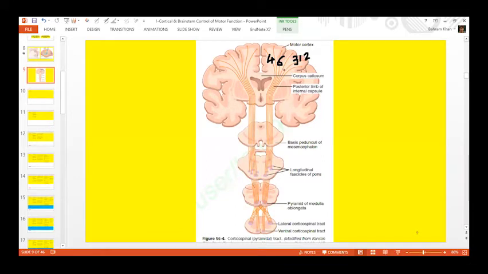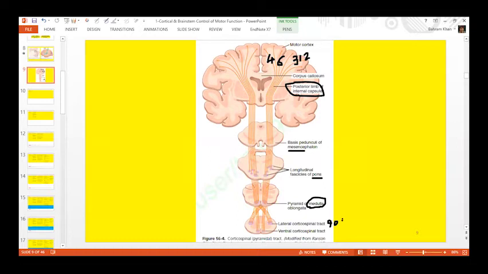All these fibers pass through the corona radiata and the internal capsule, and they descend towards the brainstem. Here you can see the midbrain. Then the fibers descend to the pons, and eventually they will enter the medulla oblongata. Now this is the site where 90% of the fibers will decussate.